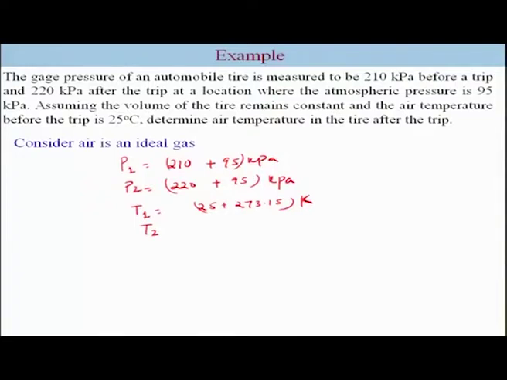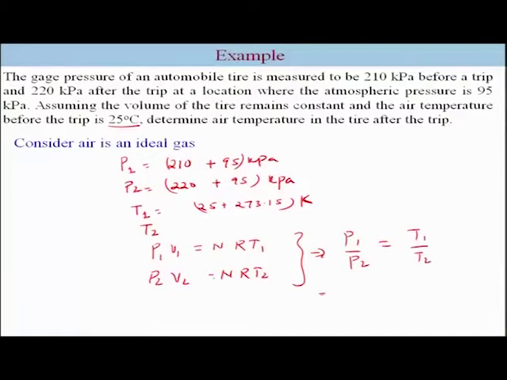This temperature of 25 degrees Celsius is way above the critical point, and air can be considered an ideal gas. So, considering air as an ideal gas, we can simply use P1 V1 = nRT1 and P2 V2 = nRT2, and since the volume is constant, P1 by P2 is equal to T1 by T2, and you can find T2 from this simple relation.